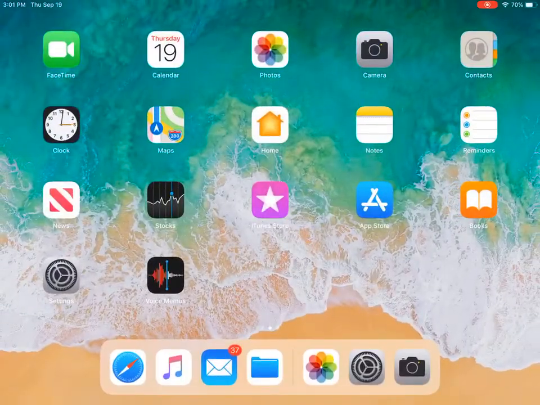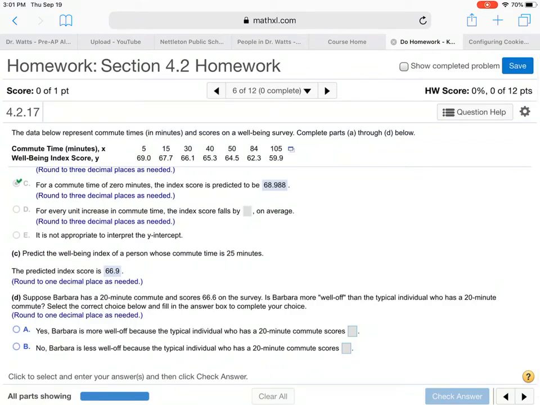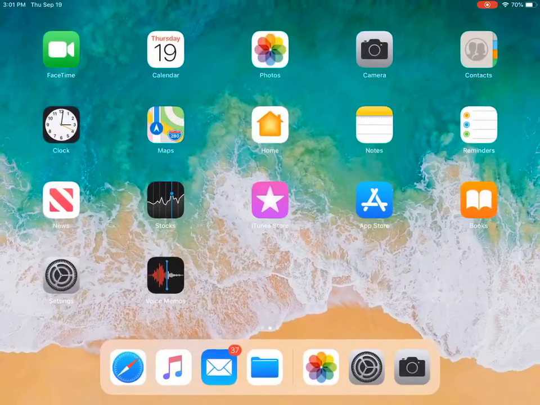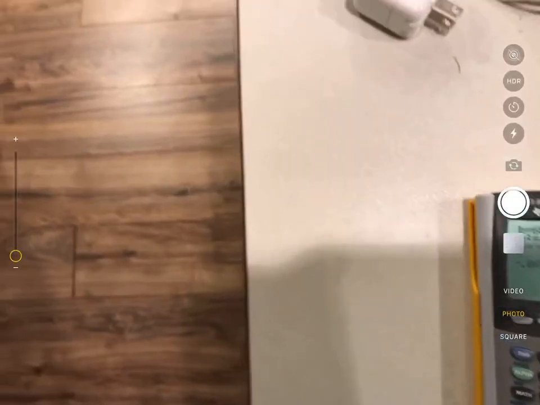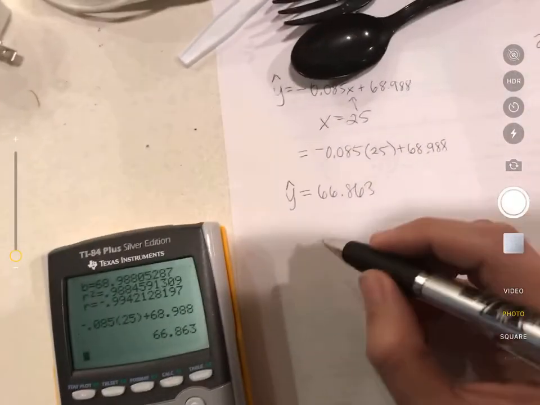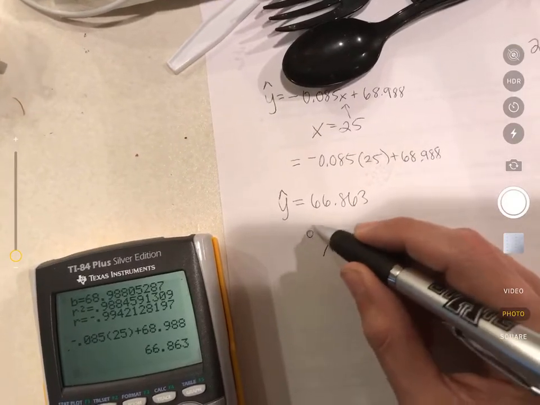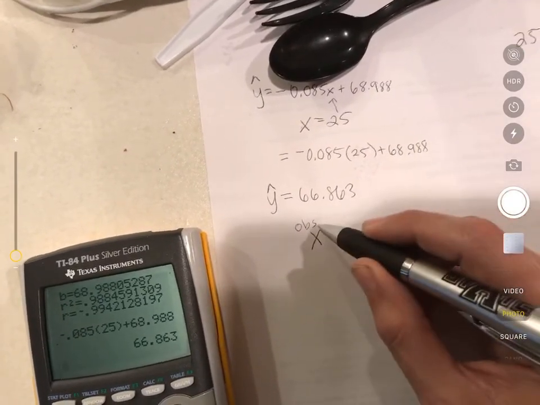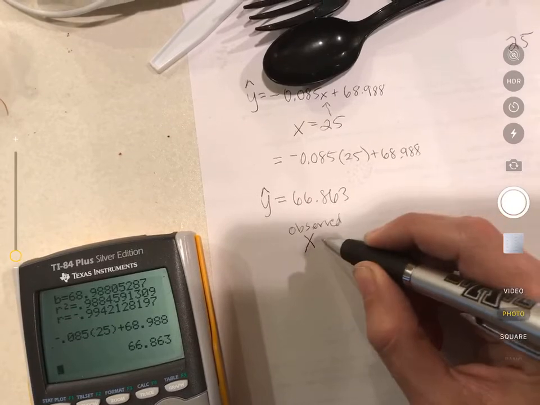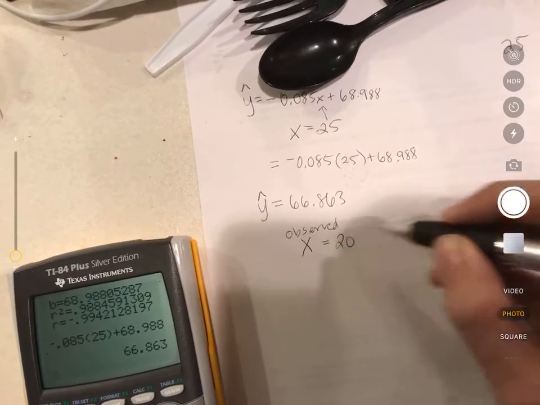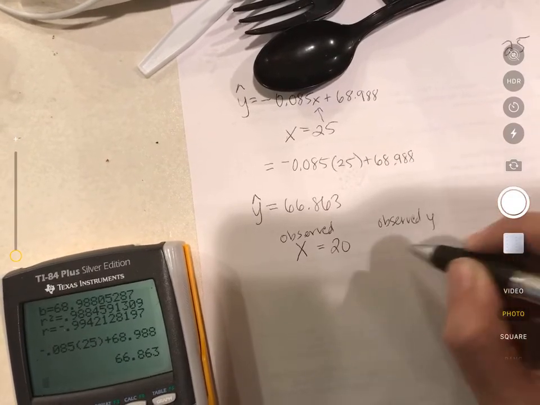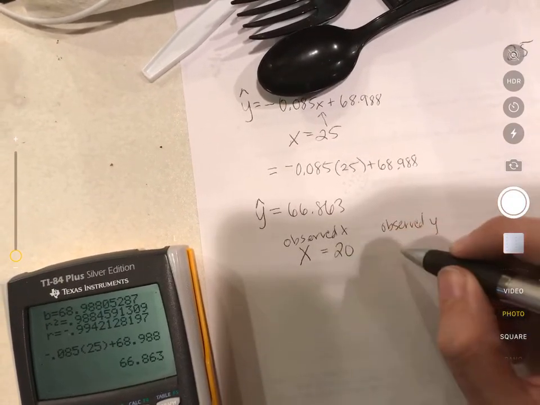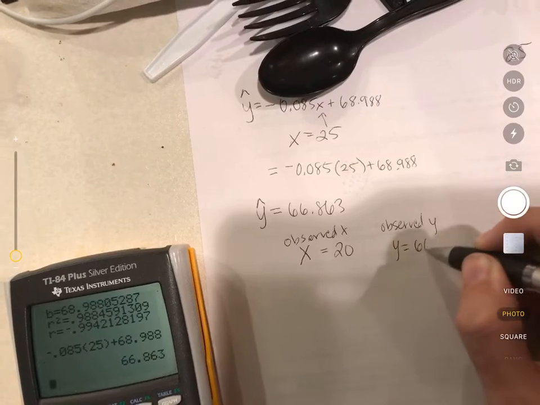We have observed that for a 20-minute commute, it's 66.6 on the index survey. So our observed x is 20 minutes, and our observed y is 66.6 on the index.